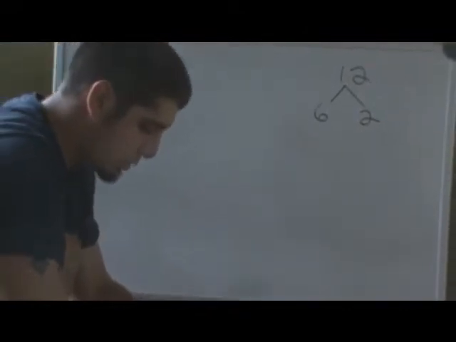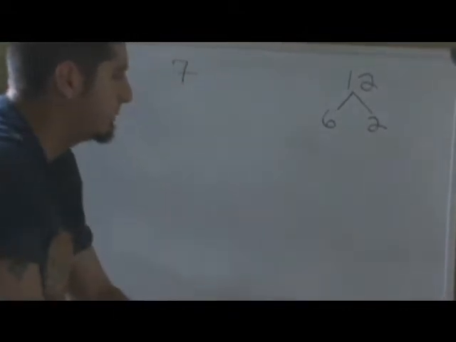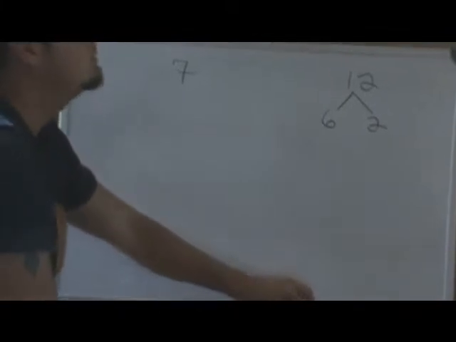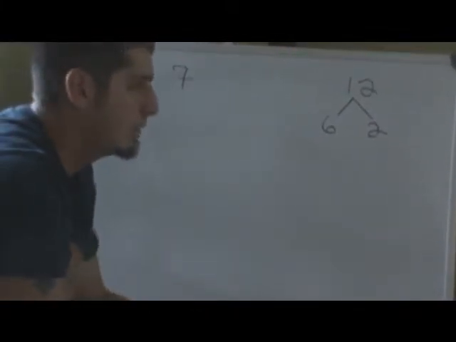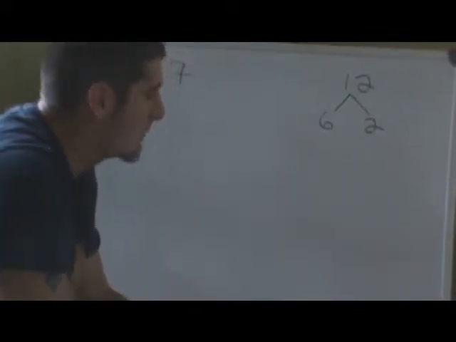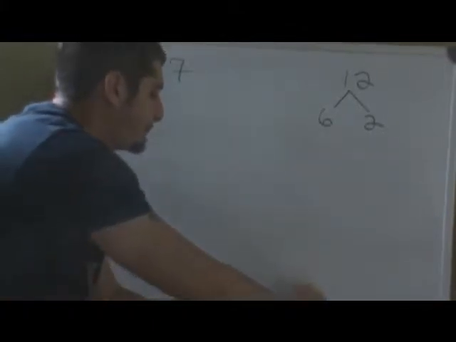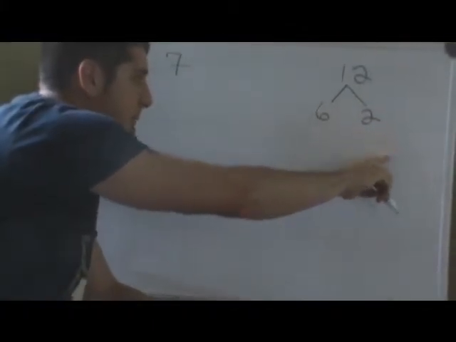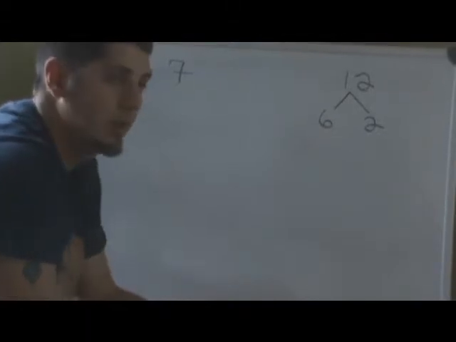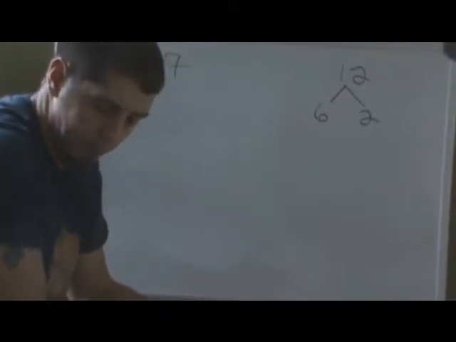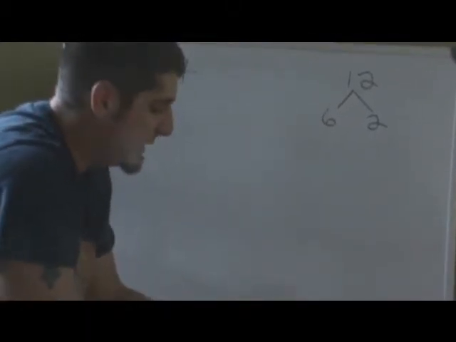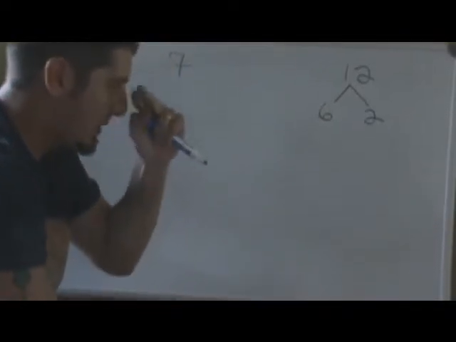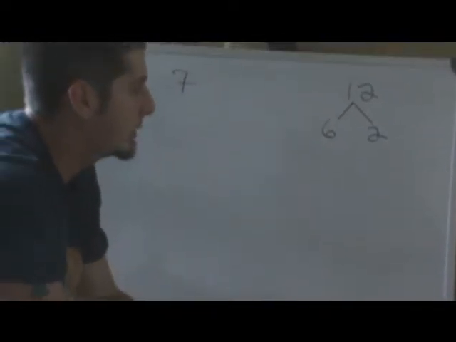And what I'm going to do is continue breaking down all of the numbers until I am left with just prime numbers. Now, I can break down the number 2 into 2 times 1, but 2 is a prime number. So we can't really break down 2 any further without causing a repeat.